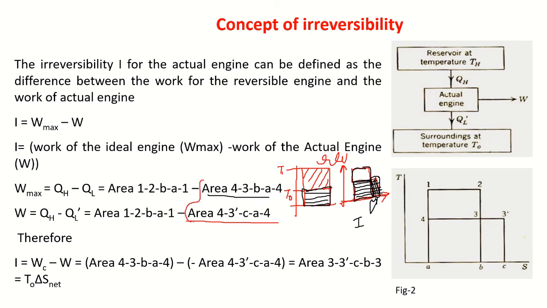You take the difference of these two, nothing but area 3 3 dash C B 3, this area. This I can write as T naught delta S net. Okay, this is the value I call irreversibility. Irreversibility I for the actual engine can be defined as the difference between the work for the reversible engine and the work of the actual engine.